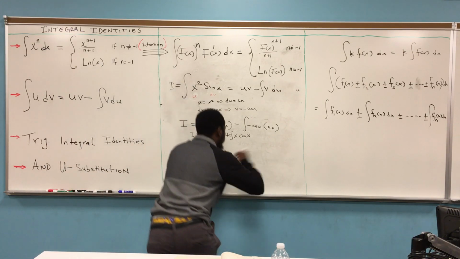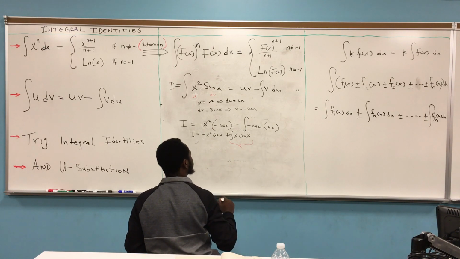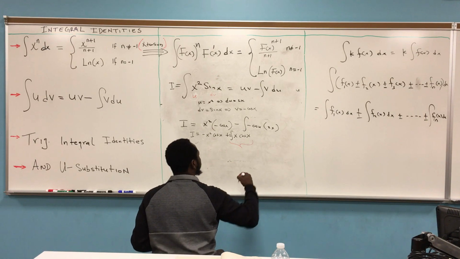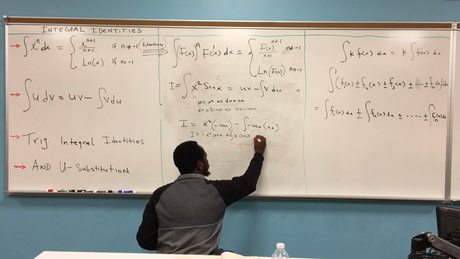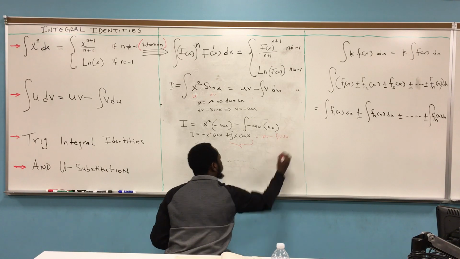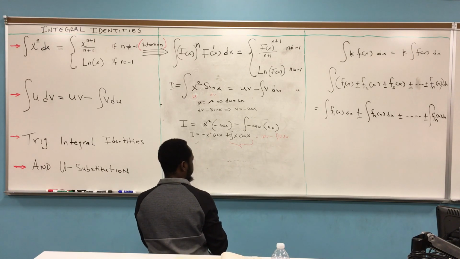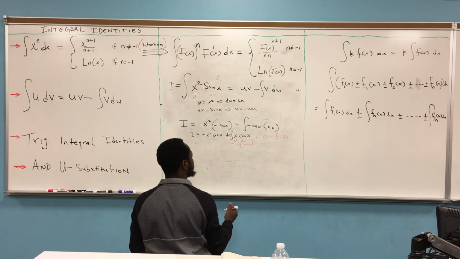This portion can be solved using uv minus v du again. Now, this again will be my u and this will be my dv.